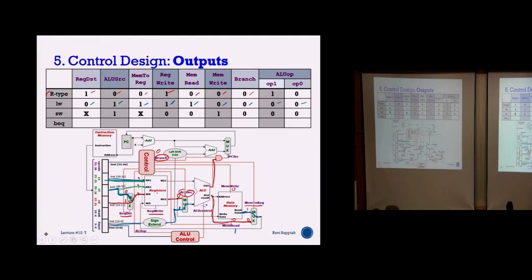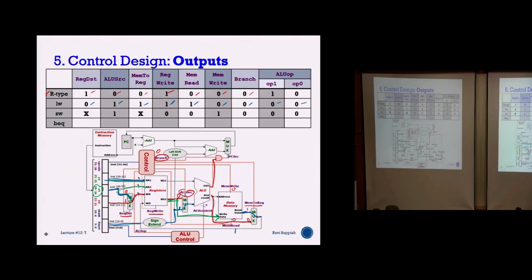Now, if you recall for your store word, it is the data that comes out of read data 2 that gets mapped directly to here. In a store word instruction, your read data 2, which is from your RT, is the data in the register that will eventually be written to memory. So in that case, this register destination does not make a difference.